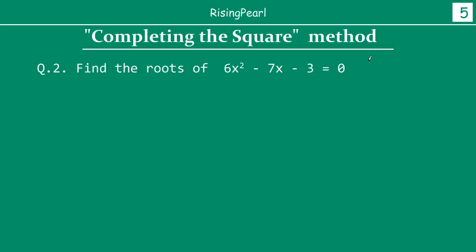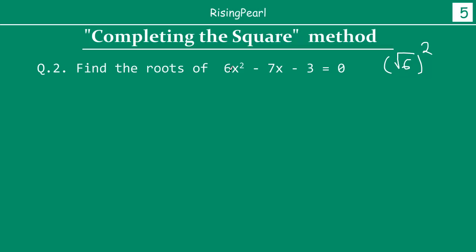Now I'm not actually going to be doing square root 6 whole square for the first term. We'll try something different. We are going to try to make the 6 a whole square number. That means, how about if you multiply both sides of this equation by 6?